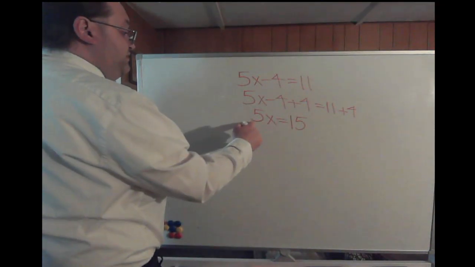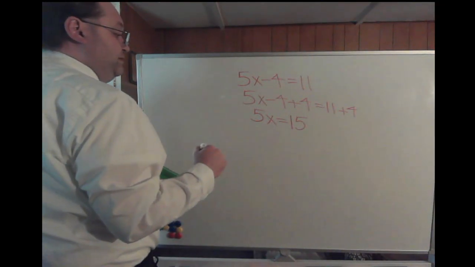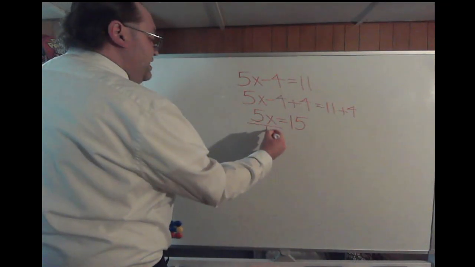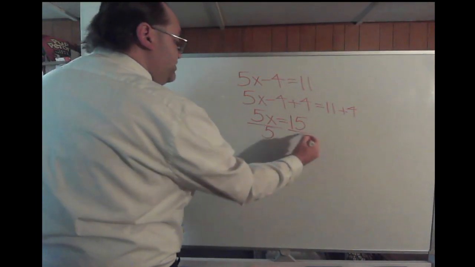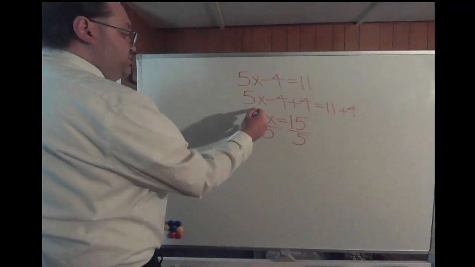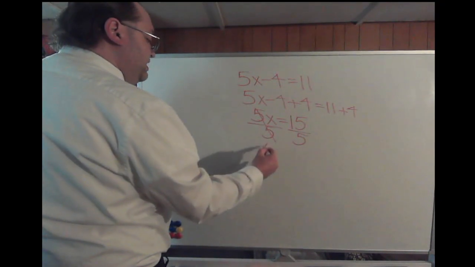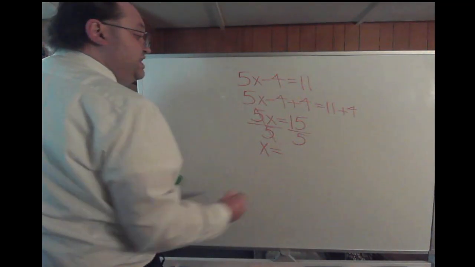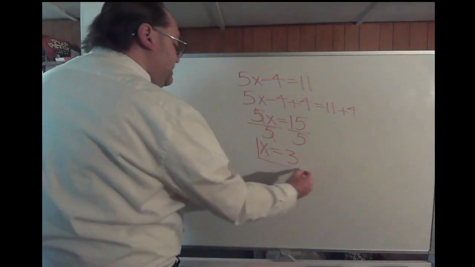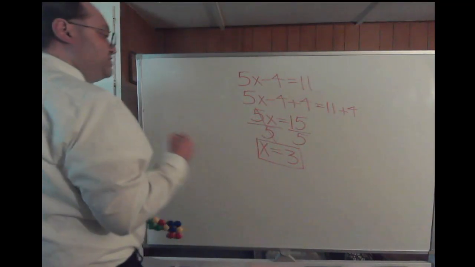Now, of course, we have that 5x. We just want to get x by itself. You have times 5, so you need to divide by 5. But what you do to one side, you got to do to the other. So now the 5's will cancel on the left-hand side. You'll just be left with x is equal to, what's 15 divided by 5? 3. So the answer to this is x equals 3.